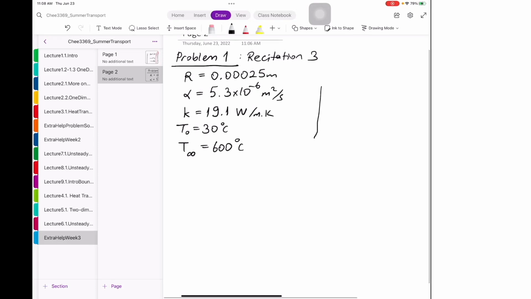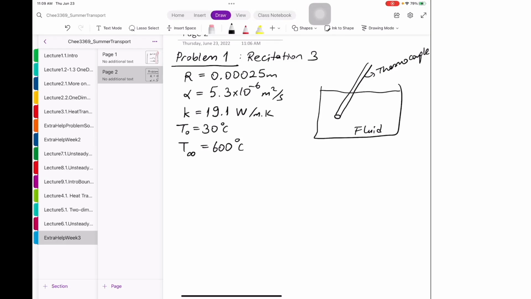So my system is basically, I have a fluid here, or maybe a liquid, and I want to measure the temperature of this using a thermocouple. This is at T0, the fluid is at T infinity, and I want to see how the temperature is going to evolve.